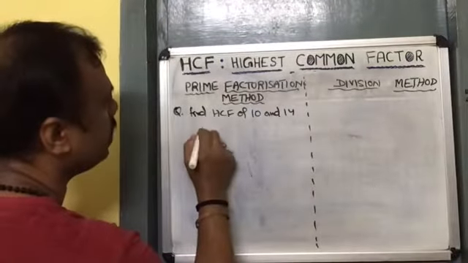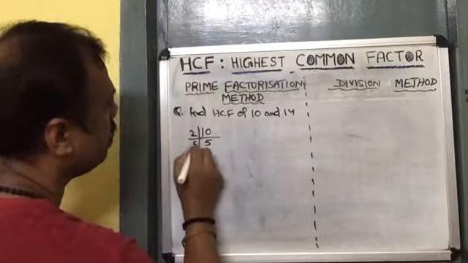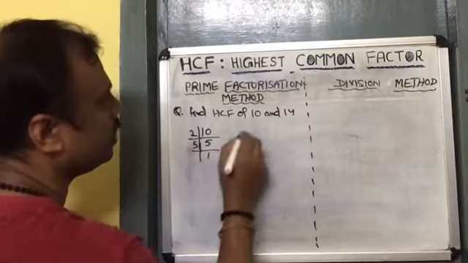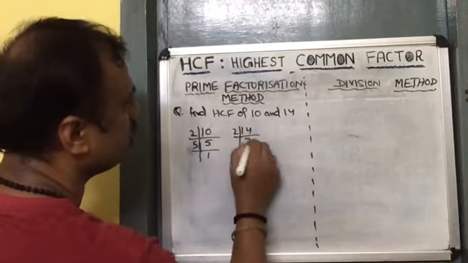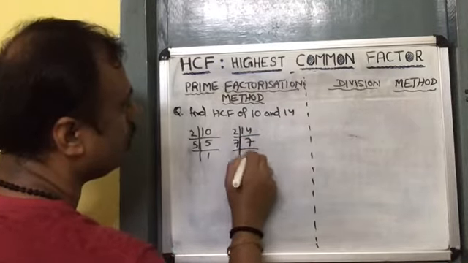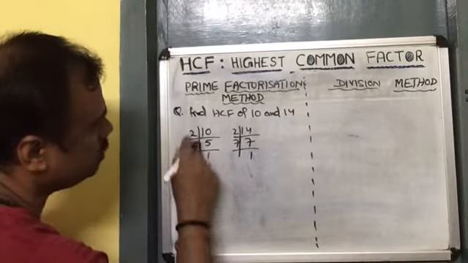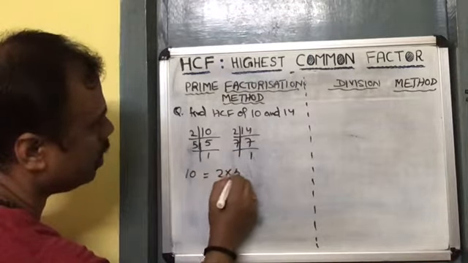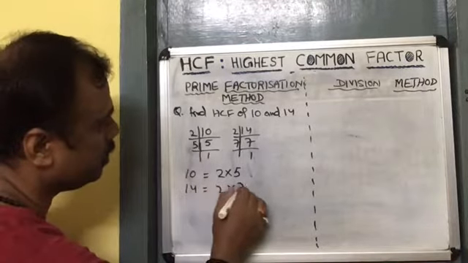So we can write 10 as 2 into 5, and 14 as 2 into 7.